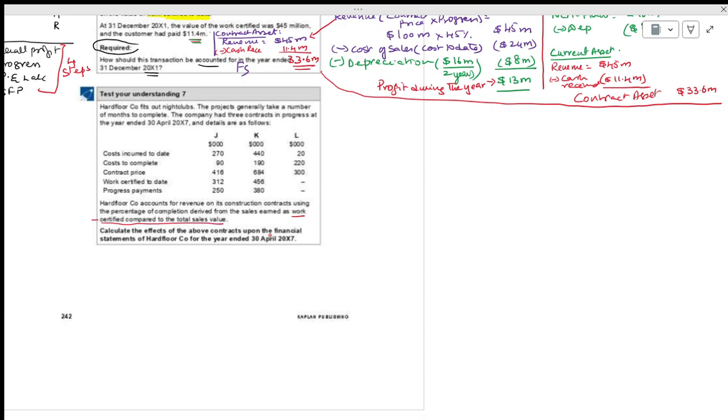Which method is that, input method or output method? Work certified divided by total price times 100. Output method.